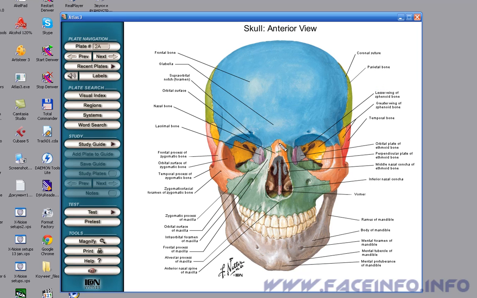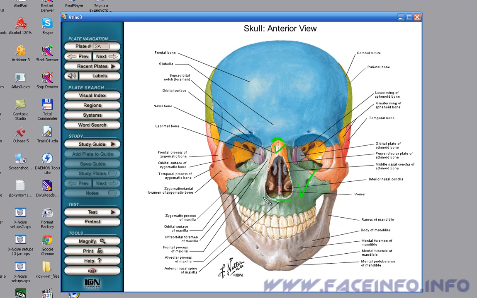And first of all, let's enumerate the bones. This is the maxilla or upper jaw. This is the nasal bone. This spot is called nasion. This is the acanthion or anterior nasal spine of maxilla.